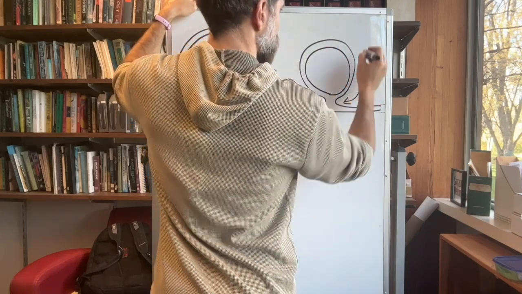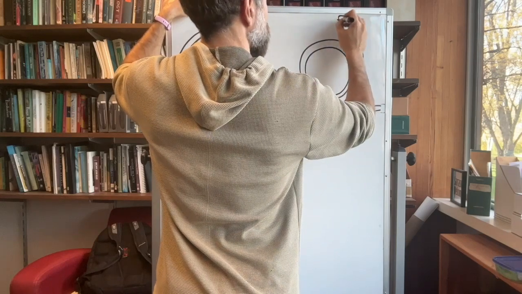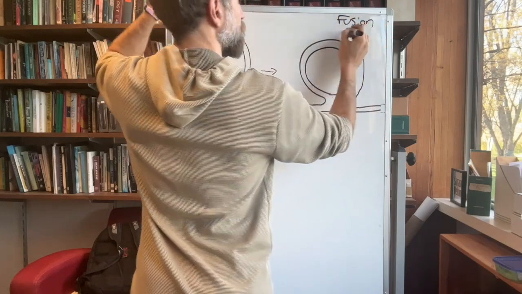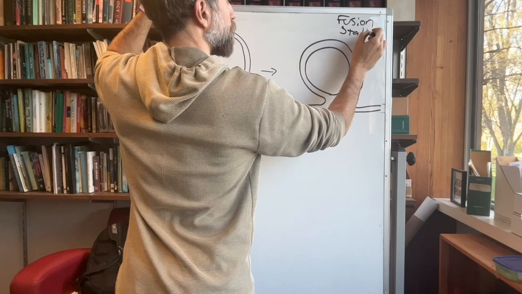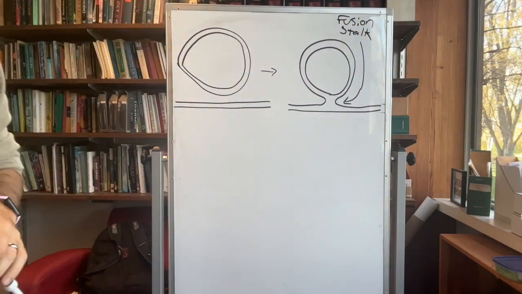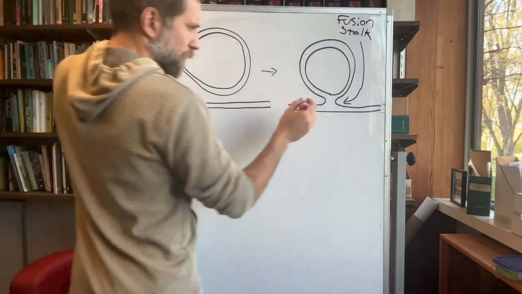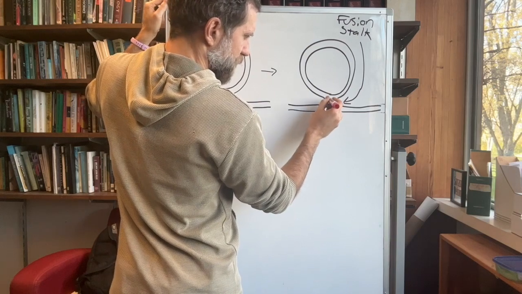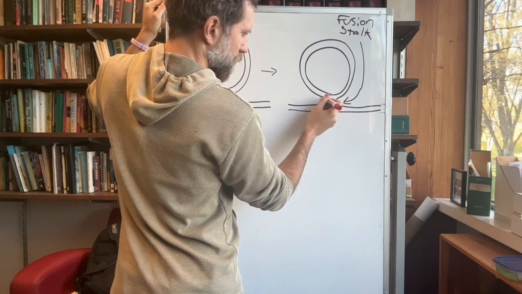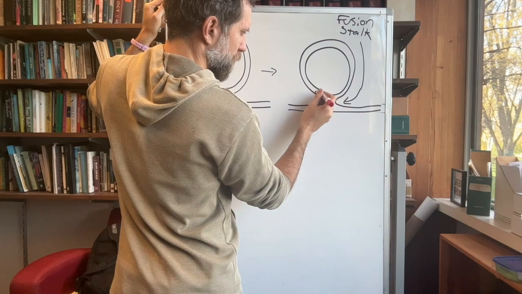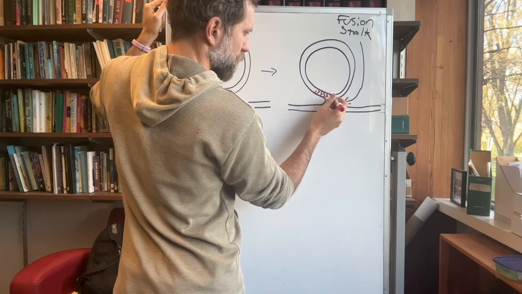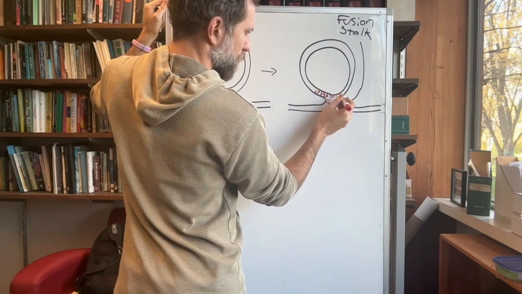And that's right here. The fusion stalk. And I'm going to draw some of the little hydrophobic tails of the plasma membrane to give you a better idea of what's going on.